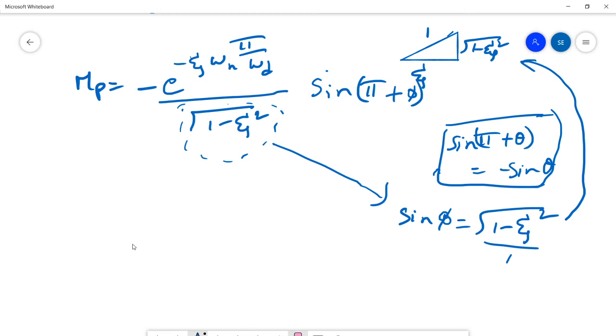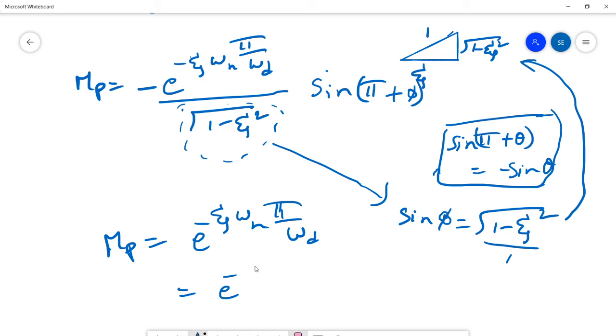Therefore maximum peak overshoot is equal to e power minus zeta omega n pi by omega d. So we substitute omega d: e power minus zeta omega n pi divided by omega n root of 1 minus zeta square. Here omega n is there, here omega n is there, so omega n will get cancelled out.